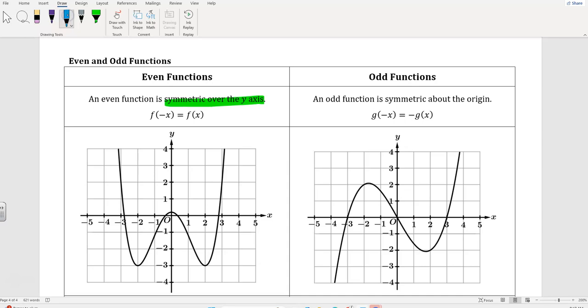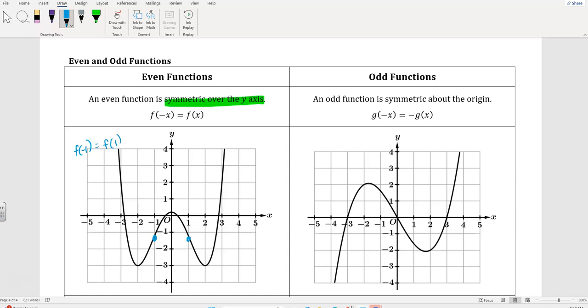So for example, let's do some examples here. F of negative 1, oh gracious, I've written where it does this crazy thing, should equal F of positive 1. Right? So if I think of writing on this graph right here, F of negative 1's right here, F of positive 1's right here. And those are at the same spot.